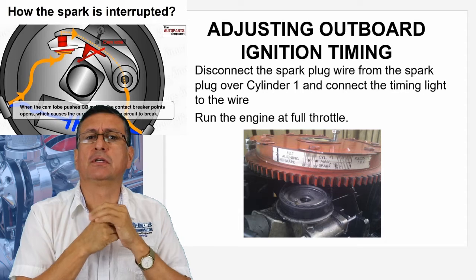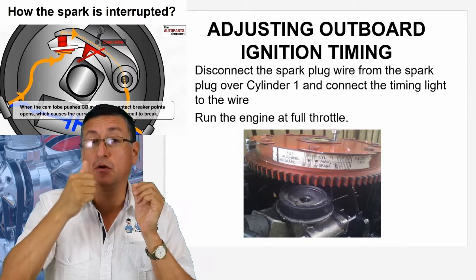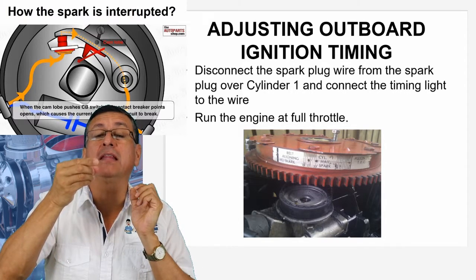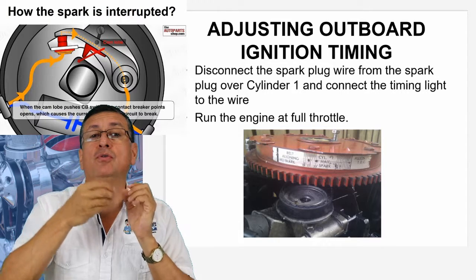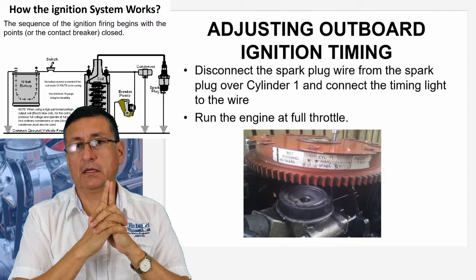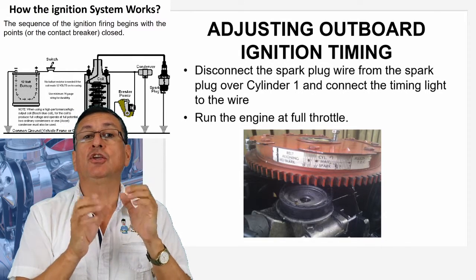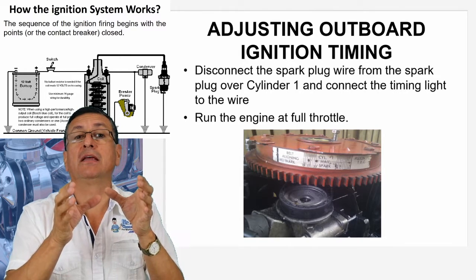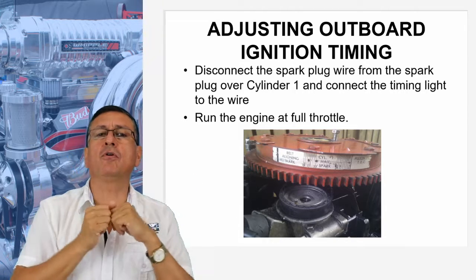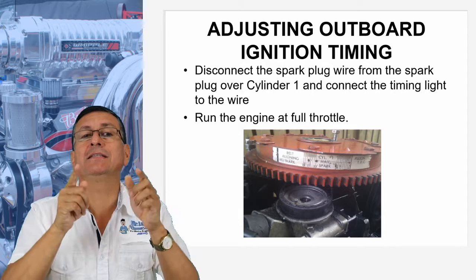Those distributors open and close the points according with the cam, and each time the points open and close, they interrupt the ground. In order to start the engine properly, you need to adjust the timing for idle. The procedure that I explained before with the timing light is for idle.